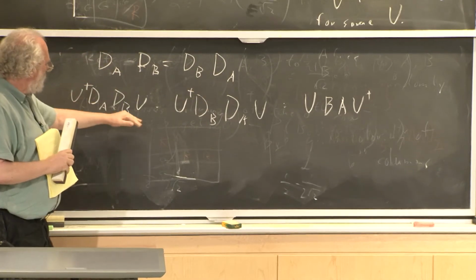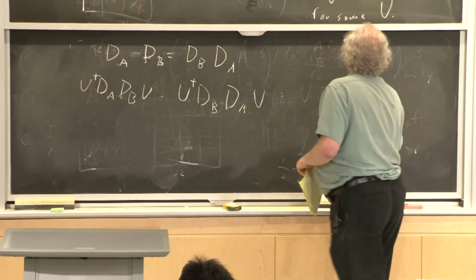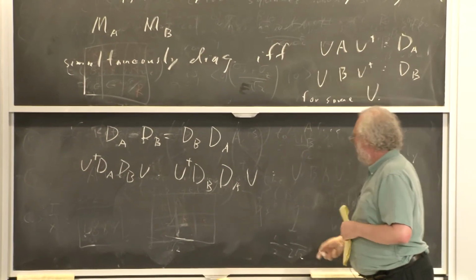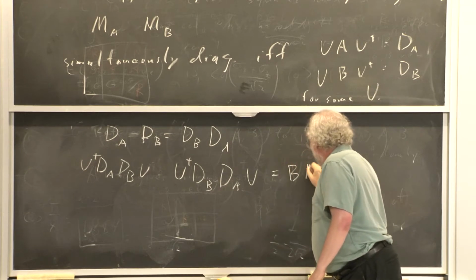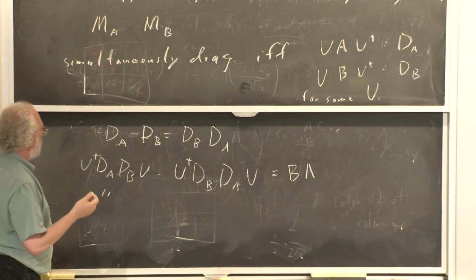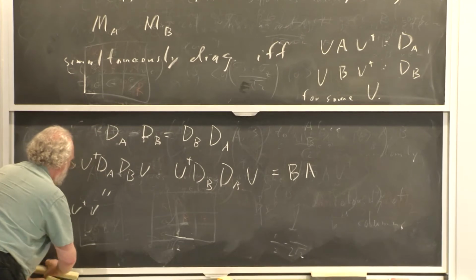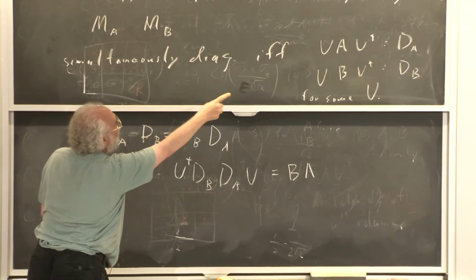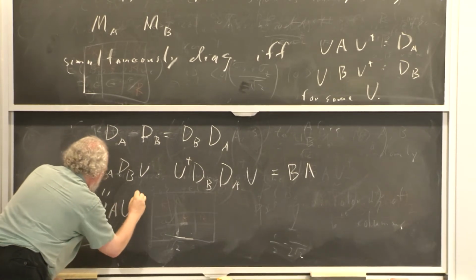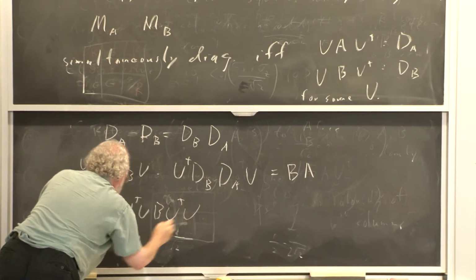U dagger dA dB U equals U dagger dB dA U. But because dA was U A U dagger, this is just equal to U dagger U A U dagger U B U dagger U, which is equal to AB.